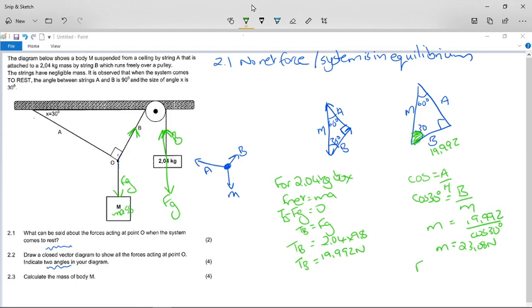But Fg equals mg equals weight. So 23,08 is going to be equal to mass times 9.8. So my mass is going to end up being, by algebra, 2,355, which is 2,36 kilograms.